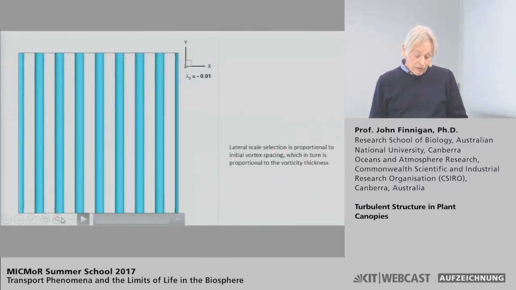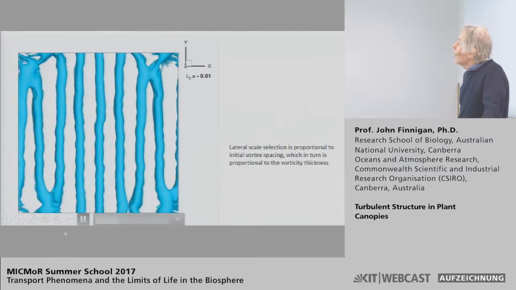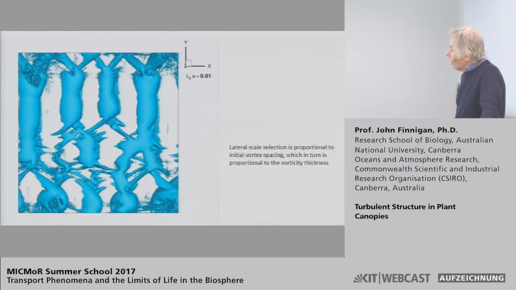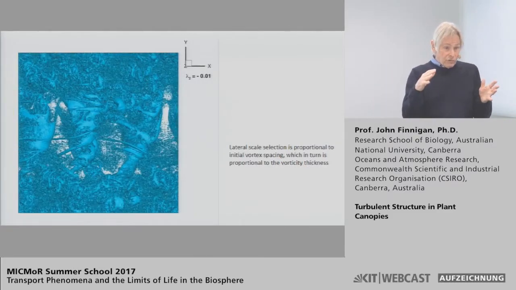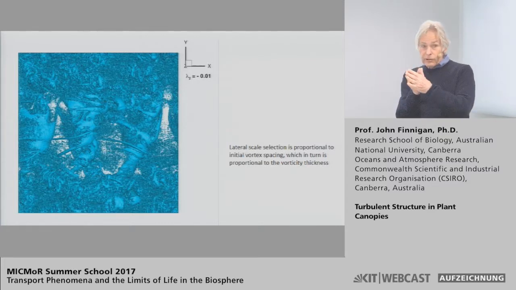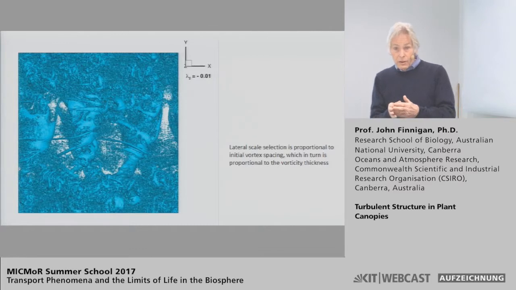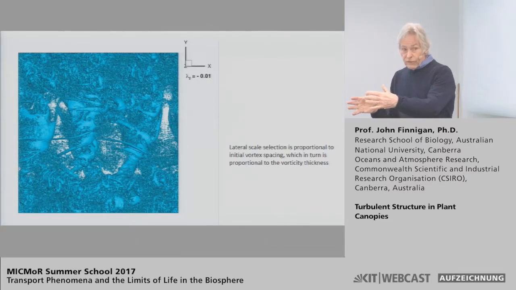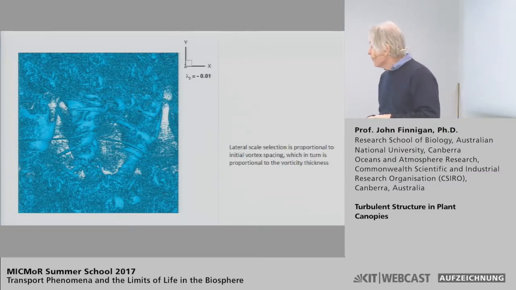If we look at the same thing from the top, what we see now is that there's a selection for a particular lateral scale. Just like the original vortex spacing was related to the vorticity thickness, the spacing both horizontally and laterally of the vortices wrapping around each other is also related one step back to the vorticity thickness.